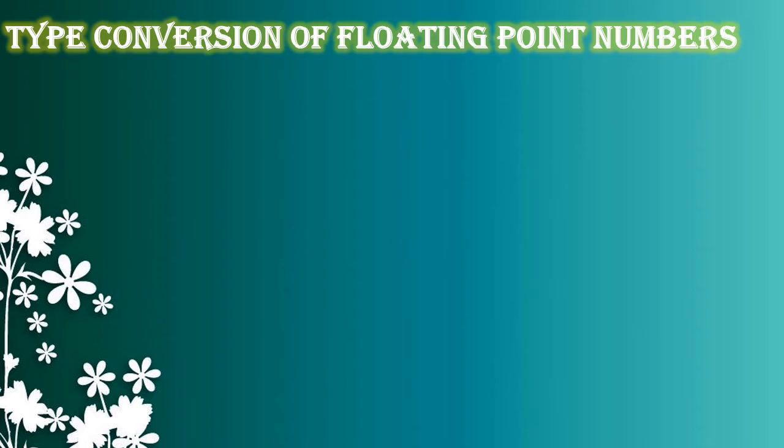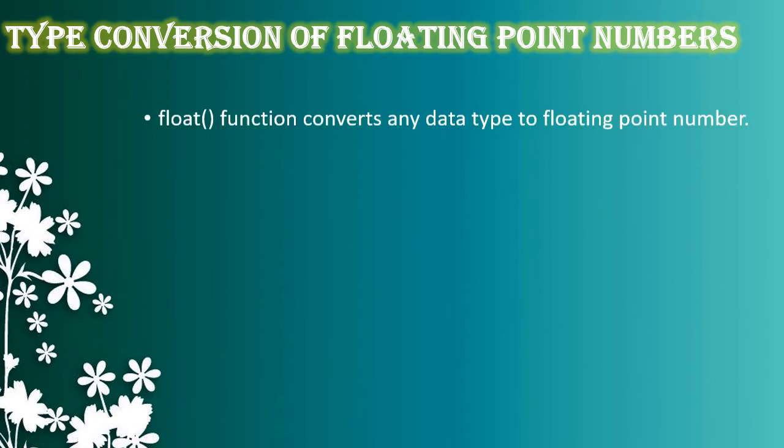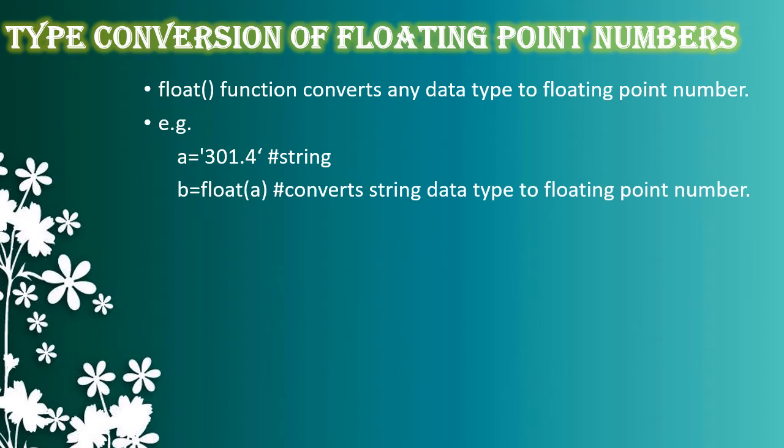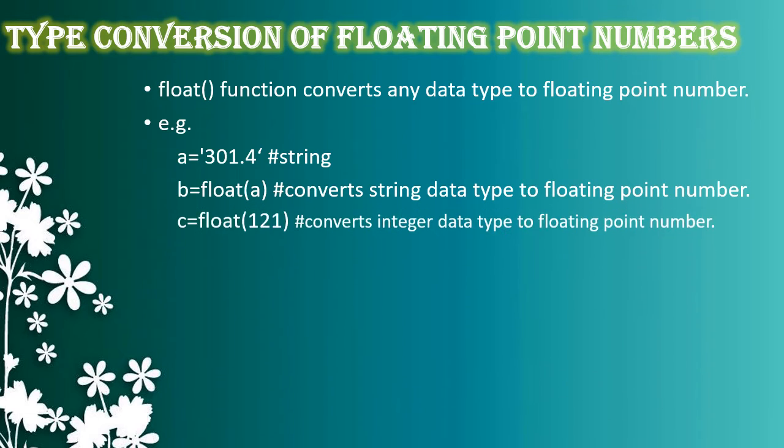And likewise with integer, we can convert from any type to float using the float function. So same here, a string enclosed by single quotes '301.4' is assigned to the variable a, and it will be converted into float and assigned to the variable b.